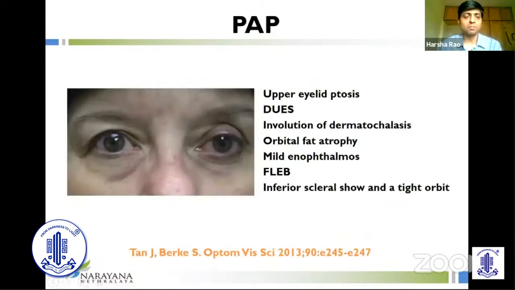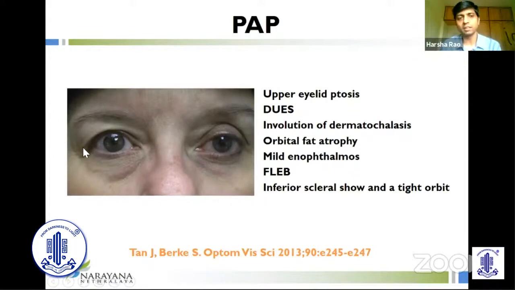Here is a figure which shows most of these signs. See, this patient is on prostaglandin analog to the left eye, and we can see the mild upper lid ptosis here, deepening of the upper eyelid sulcus, involution of the dermatochalasis.